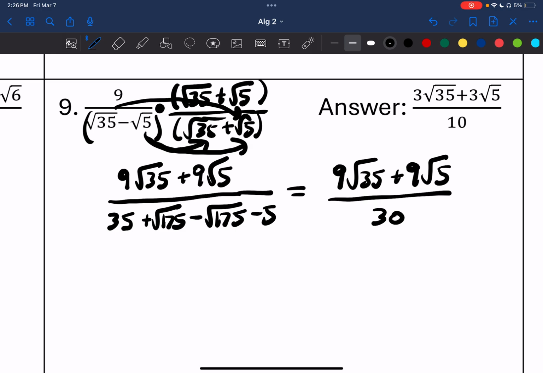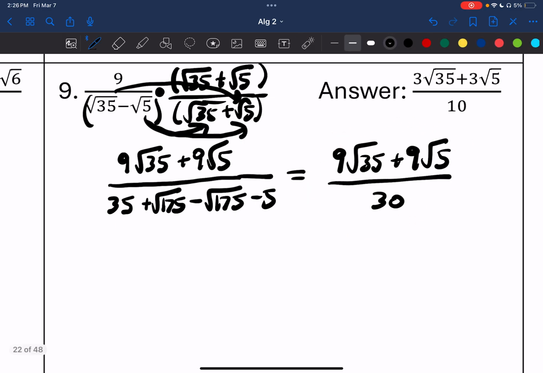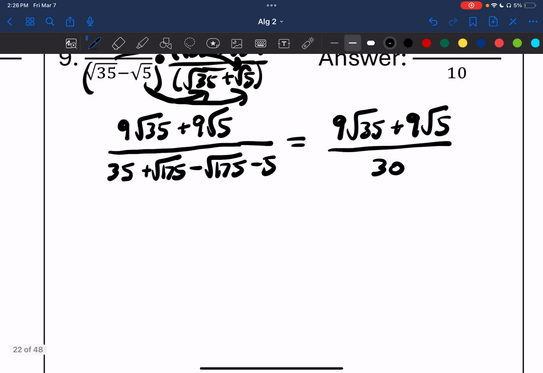And at this point, you might be tempted to be done. But we can simplify it further because we have this number and this number that are all divisible by 3, right? As long as every term in here can be divided by the same number, then we can simplify it. So we're going to divide everything by 3. If we divide 9 by 3, we get 3 root 35.